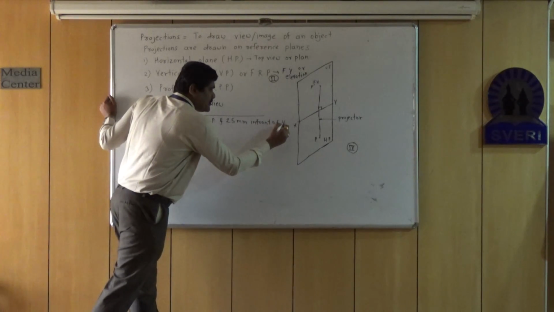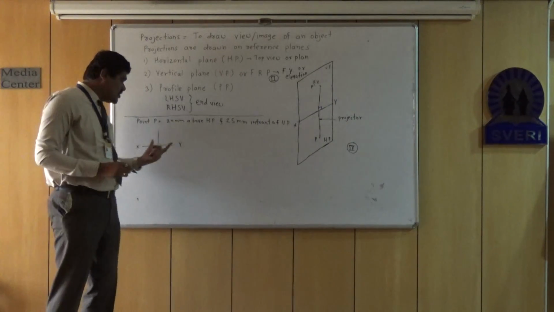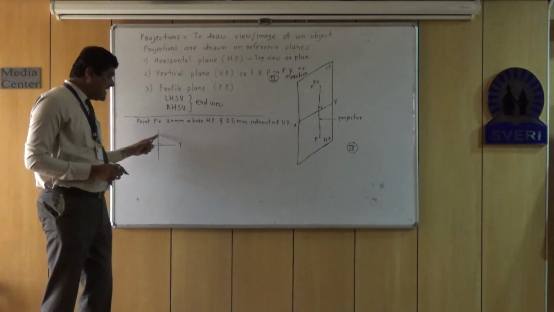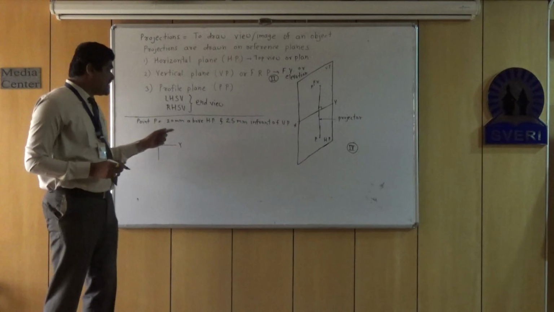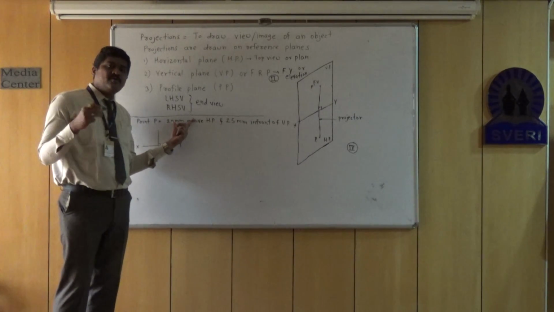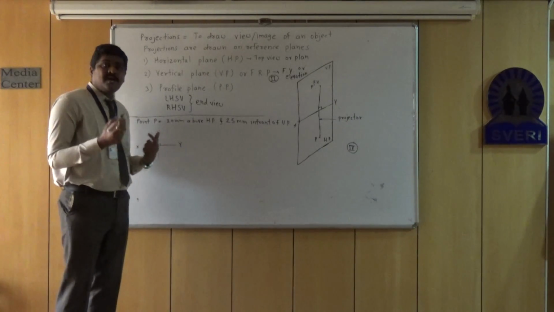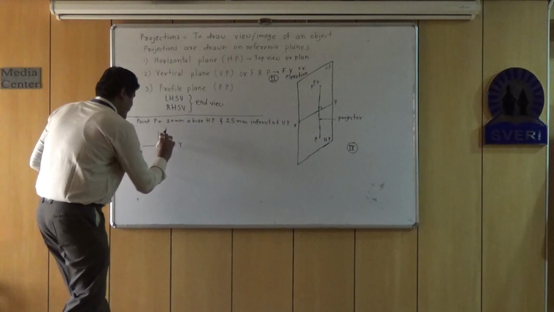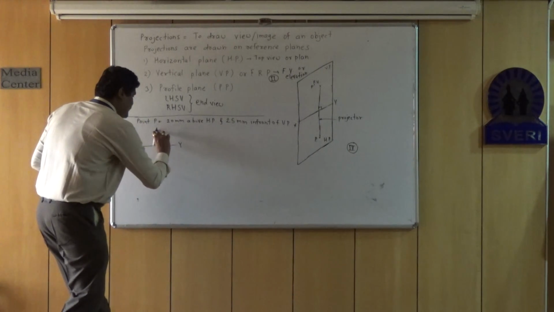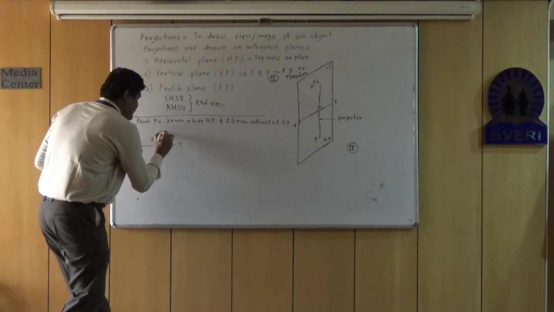in front of VP. So here, after drawing the XY line and the projector, we should mark distance above HP, above the XY line. Simple to remember, above HP means above XY. So here, take distance of 20 mm above XY line.